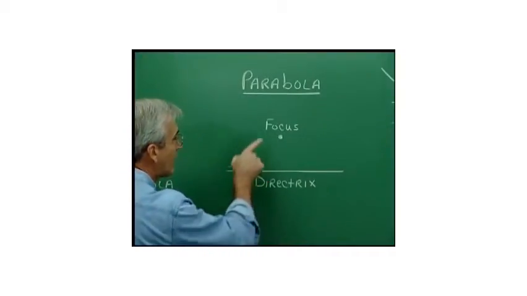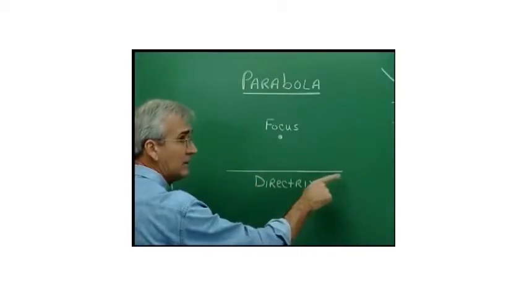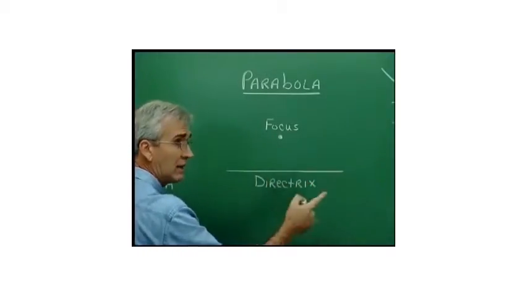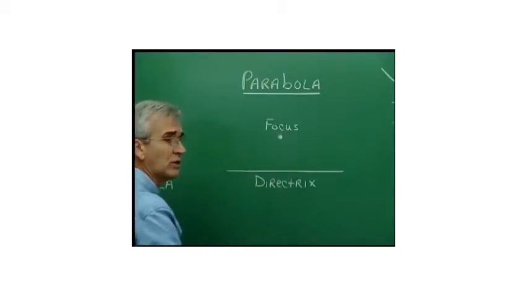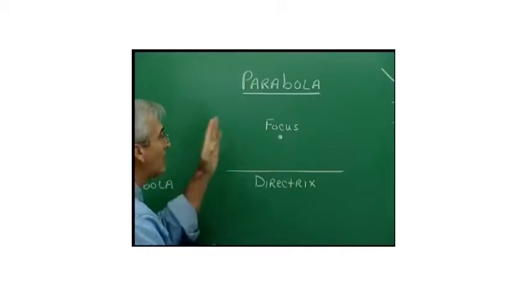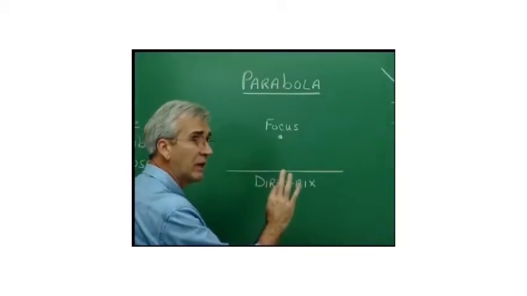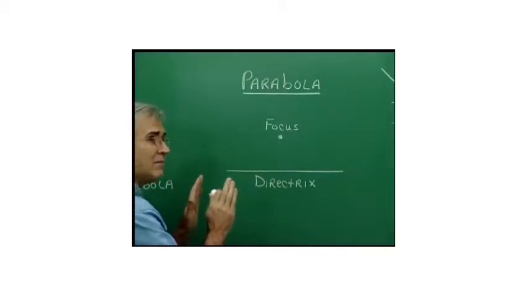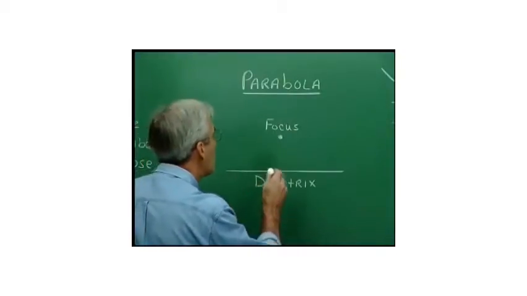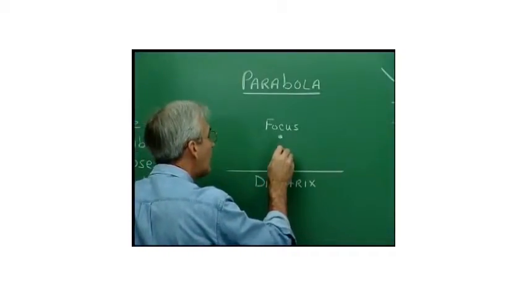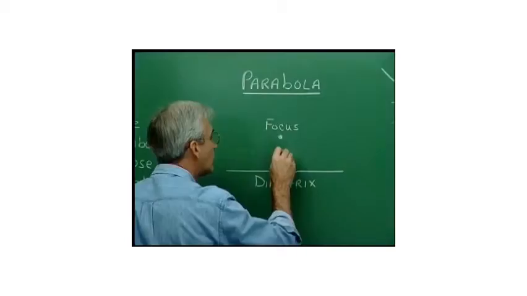And the definition for parabola goes like this. Suppose we start with a point and a line. Now, the point is not on the line. The line is called a directrix, and the point is called a focus. And the parabola is all the points in the plane that are the same distance from the focus and the directrix. That is, we have a point right here midway between these two.